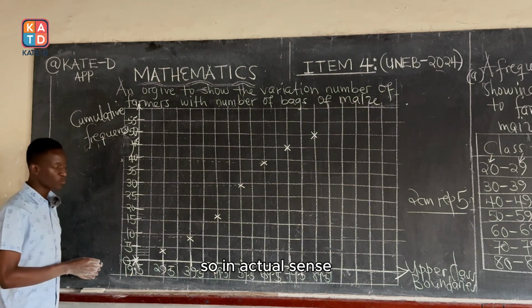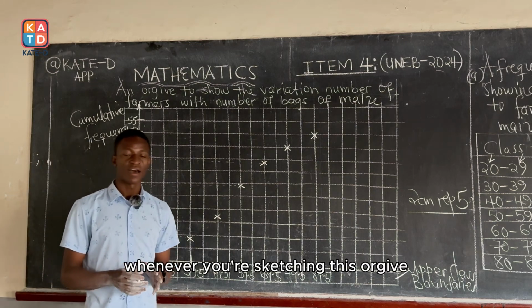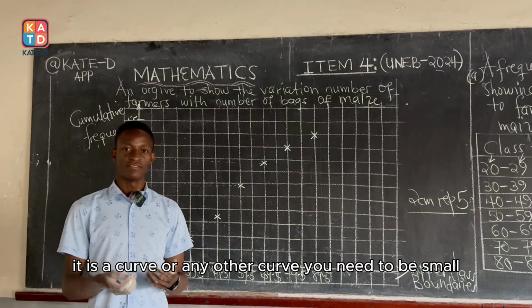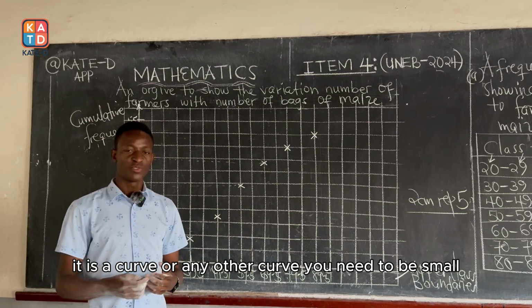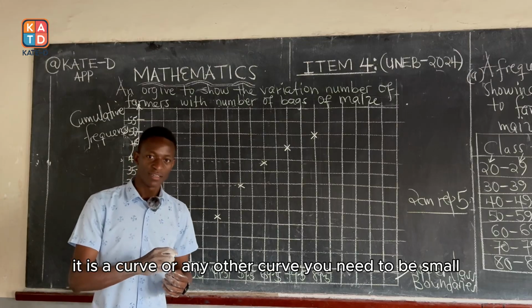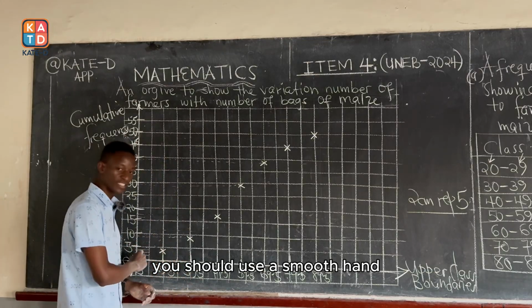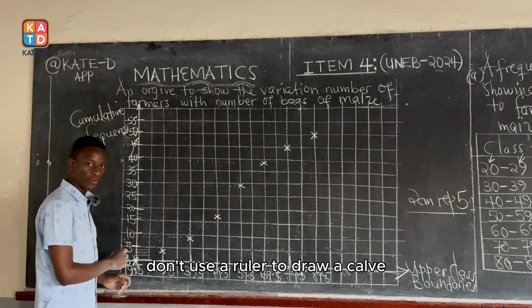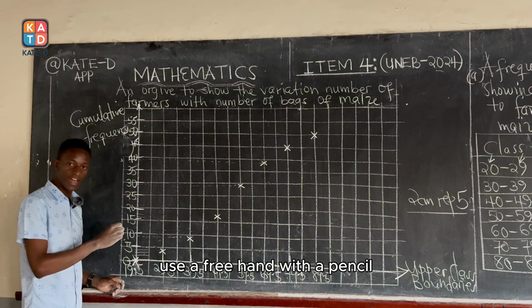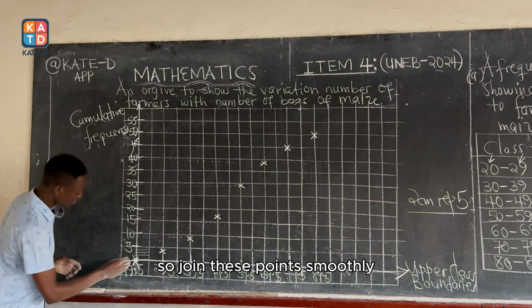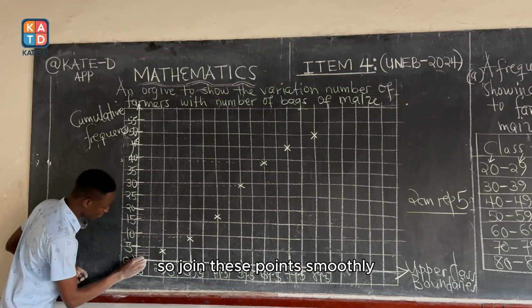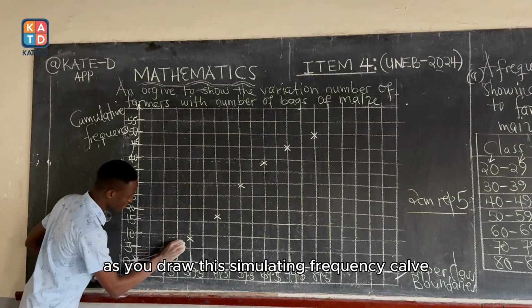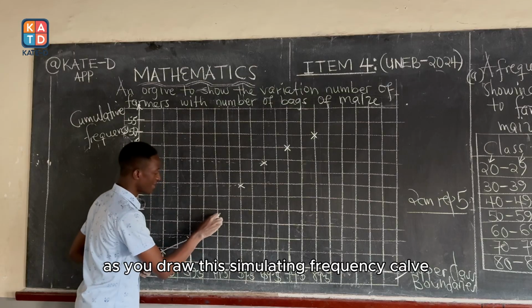So in actual sense, whenever you're sketching this ogive, it is a curve. You need to be small. You should use a smooth hand. Don't use a ruler to draw a curve. Use a free hand with a pencil. So join these points smoothly as you draw this cumulative frequency curve.